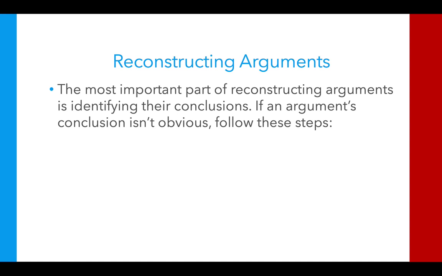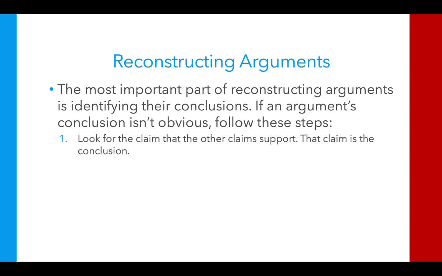Another thing to note, and I'd say the most important part of reconstructing arguments, is identifying the conclusions. So we might want some tips on how to identify an argument's conclusion. First tip, and this is very general: look for the claim that the other claims are supporting. That's the conclusion. What is this person trying to get me to believe?